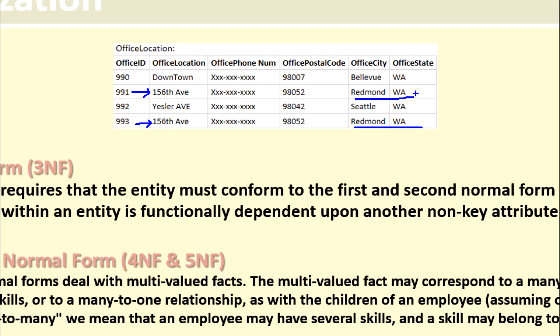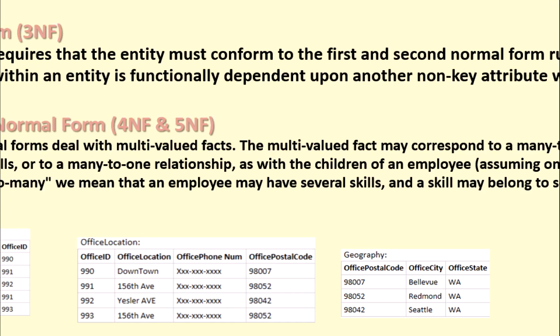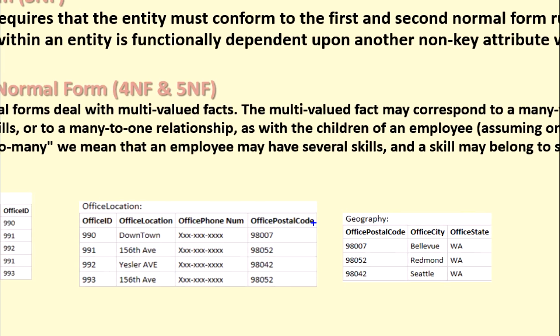Unnecessarily we are wasting space by storing Redmond twice, whereas both represent the same city. After normalization, we are not wasting space. There is only one record for Redmond, and that record is used twice.